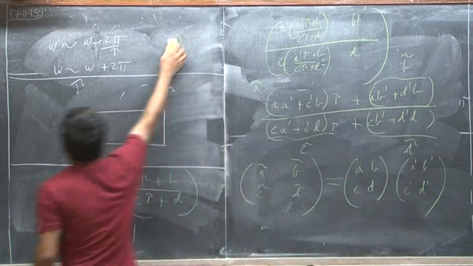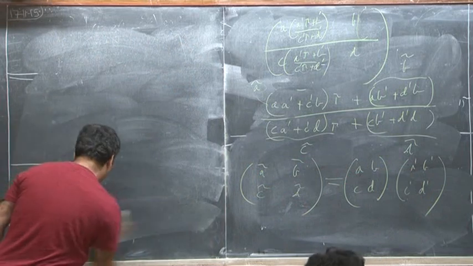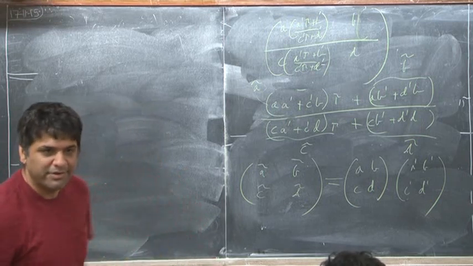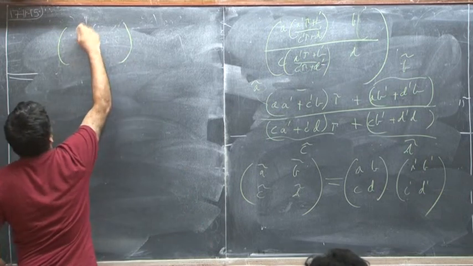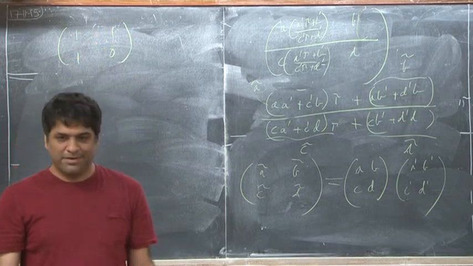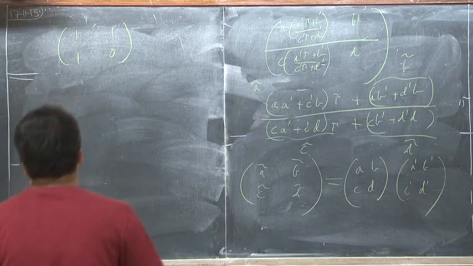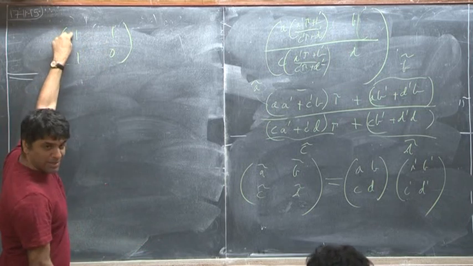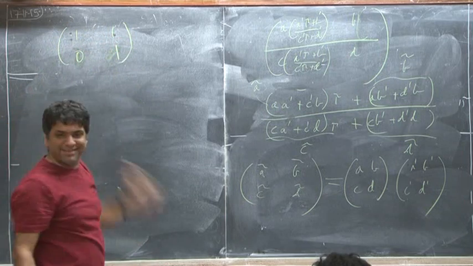Now, what were the two basic moves that we looked at that we argued physically were redundancies? The basic moves were the matrix 1, 1, 0, 1, because we wanted tau goes to tau plus 1, which is (tau plus 1) over 1.